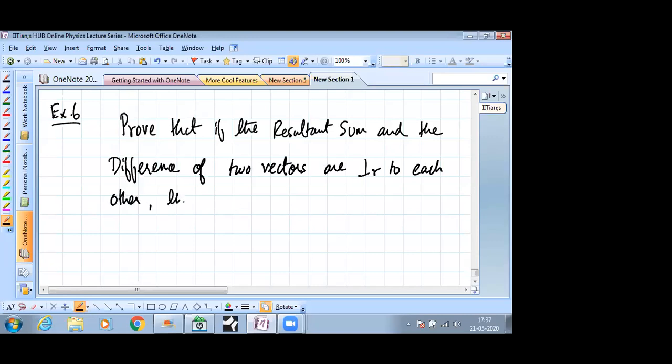Okay. Then the two vectors must be of equal magnitude.